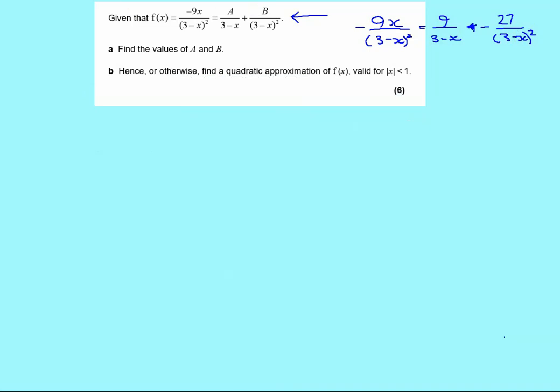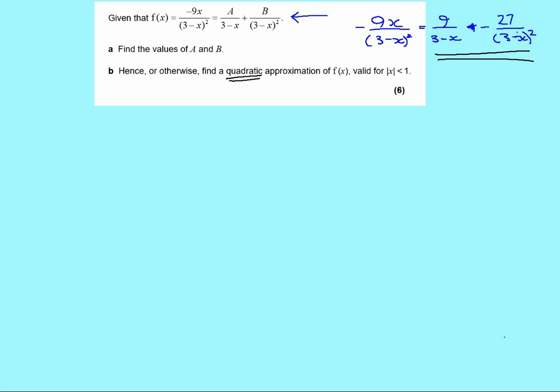Right. Now, what it's asking me to do is, hence or otherwise, so use it, find a quadratic approximation. That basically means go up to x squared for this. Well, we've got to work out the expansion of this term and then take away the expansion of this term.